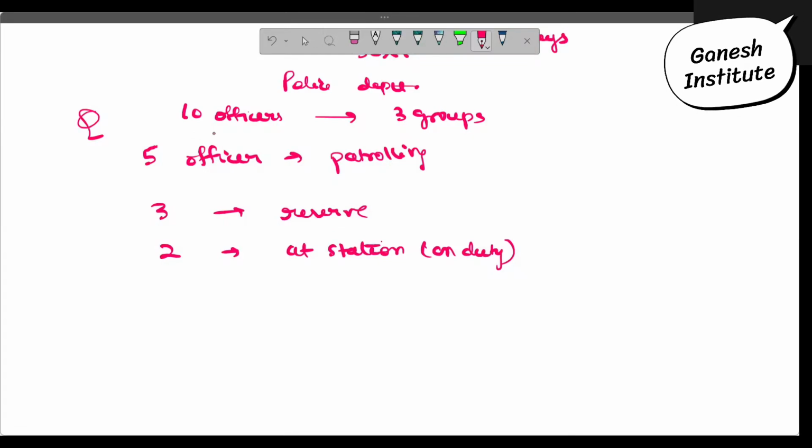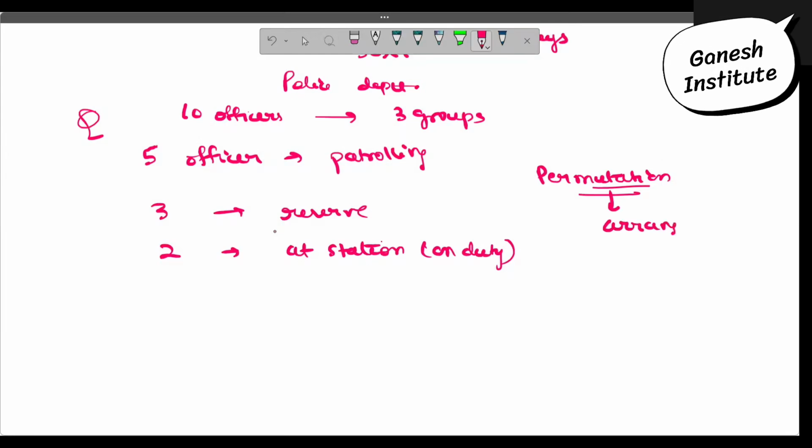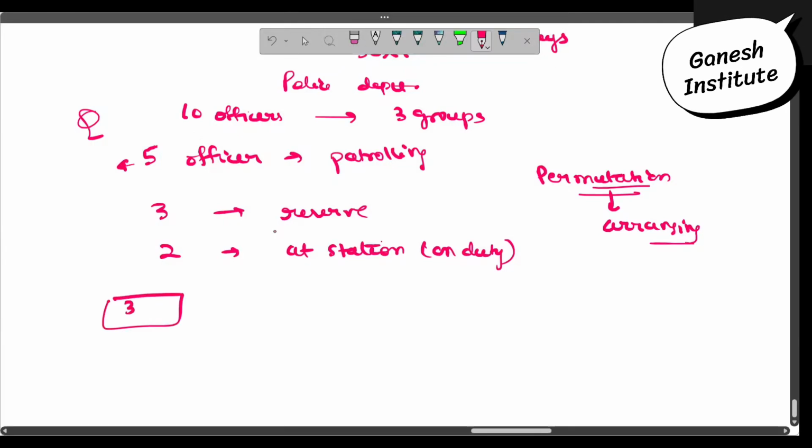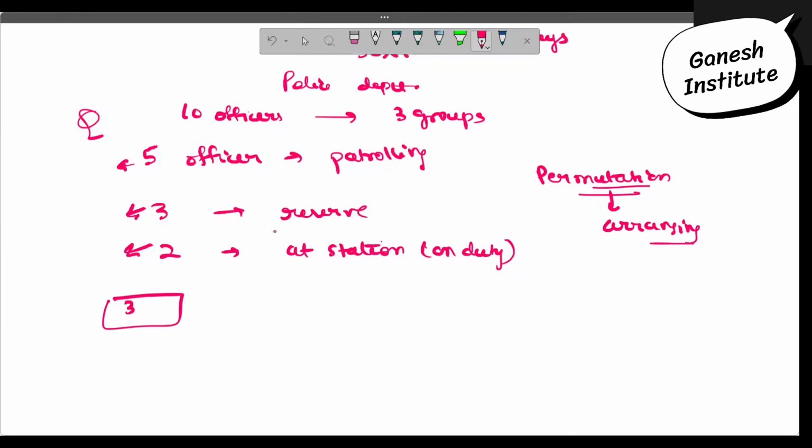Permutation. So why is it not combination? Because there's no choice in this, and we are actually arranging them. Maybe 3 people have to be chosen, 3 people have to be arranged. One can go patrolling, one can be from reserve, one can be from station.